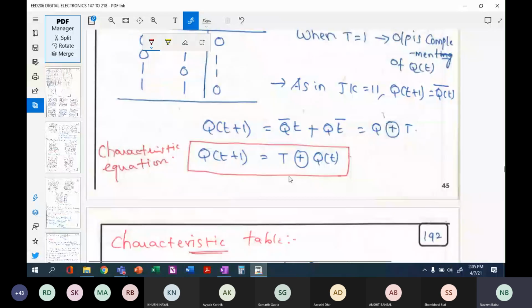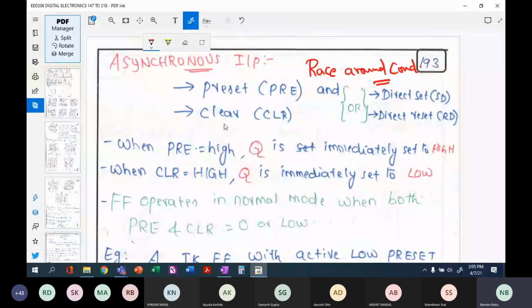One is called the preset input and the other is a clear input. Preset will set your Q value to the desired value, which means it will set your Q value equal to 1. Clear will clear your Q value to 0.